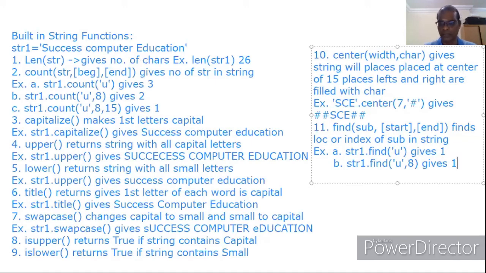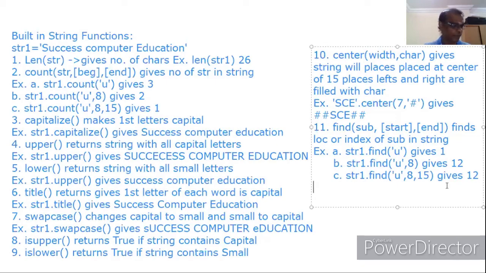You will get 12 here. After that, one u is there, that will be skipped. After 8, first occurrence of u. Similarly, if you want str1.find('u', 8, 15), after 8, before 15, you have to find out. That also gives 12. So this is the usage of find.